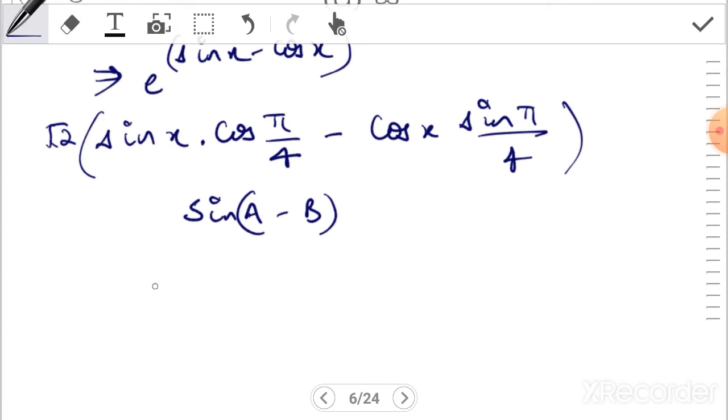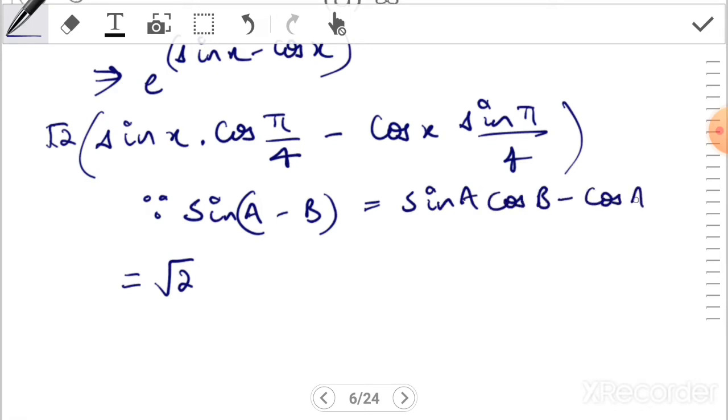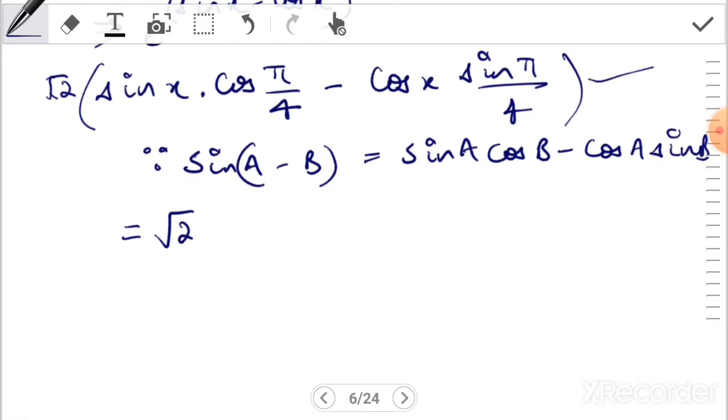So now this can be rewritten as sin A cos B minus cos A sin B. So this expression can be rewritten as √2 sin(x minus pi by 4). Yes.